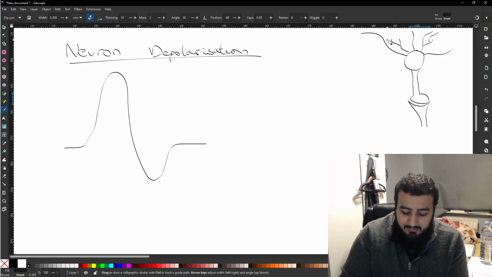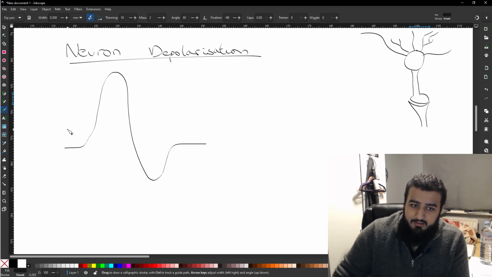So let's say enough excitatory ions come in from the dendrites to cause an all or nothing response. What threshold might we think that is? Probably not too far from the normal resting state of the neuron. That would be pretty sensitive if you think about it.